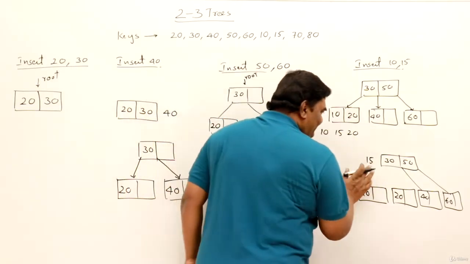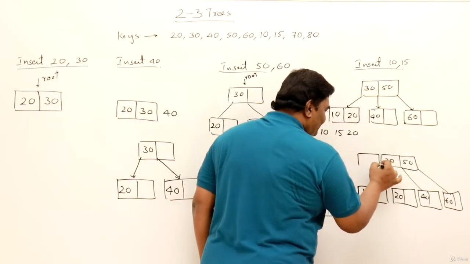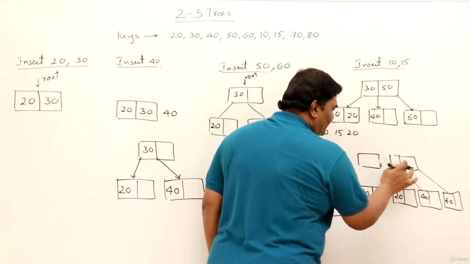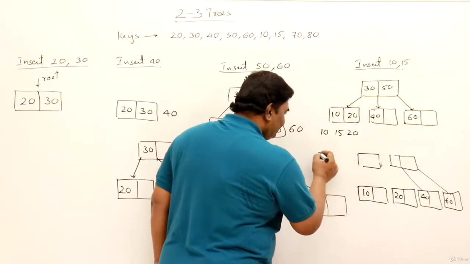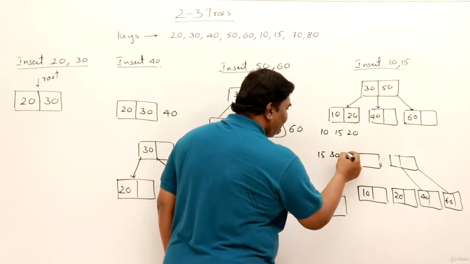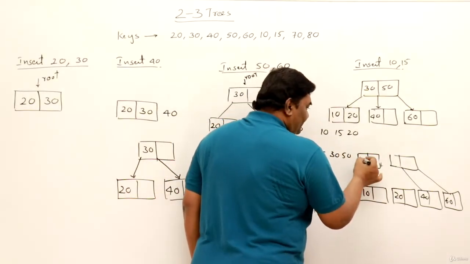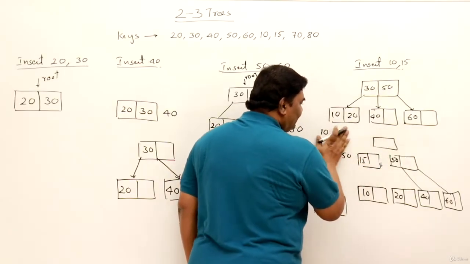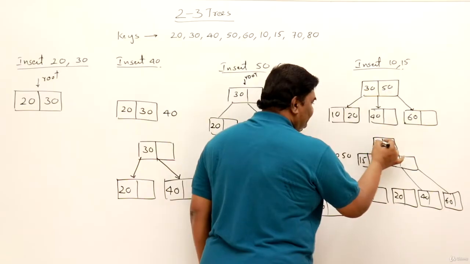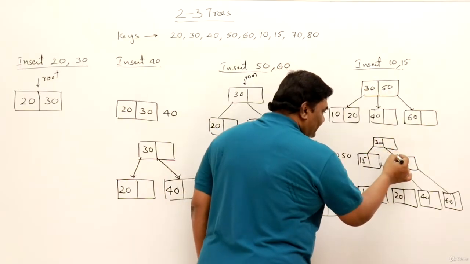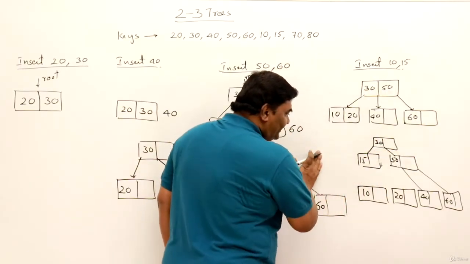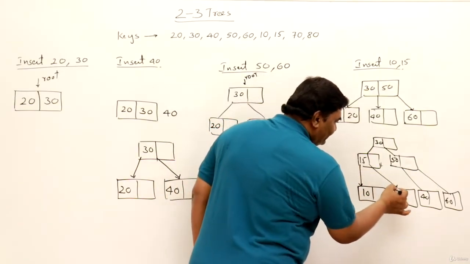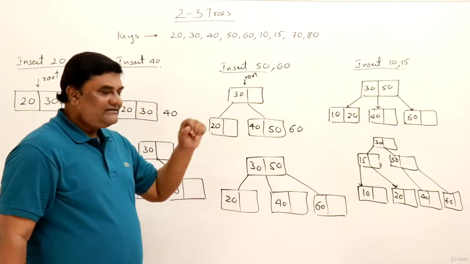If we split, then we get one more node here, one more node and one node as a parent. What are the keys? 15, 30 and 50. 15 will be on this side, 50 will be on that side and the root will contain 30. Then this will point on this one, this will point on this one. Now the new keys that we got: less than 15, greater than 15, this is 20. That is the tree structure.